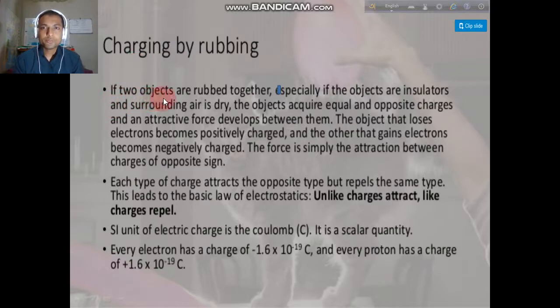If two objects are rubbed together, especially if the objects are insulated and the surrounding air is dry, the objects acquire equal and opposite charges.